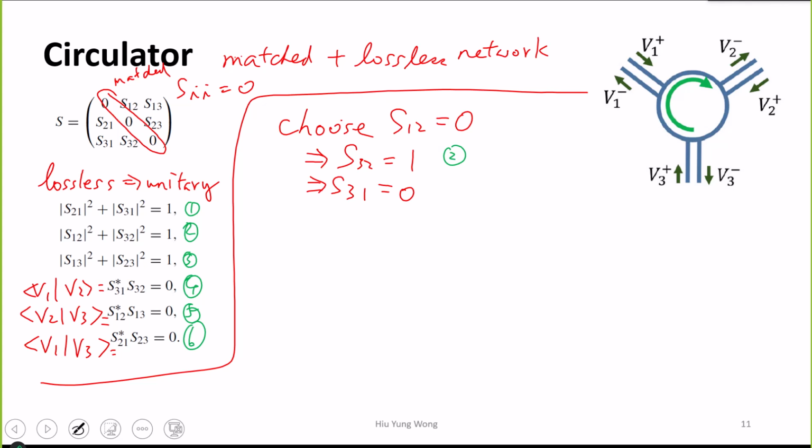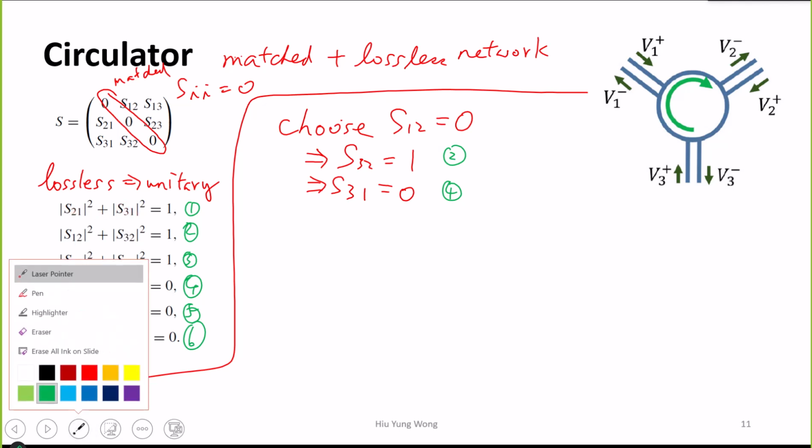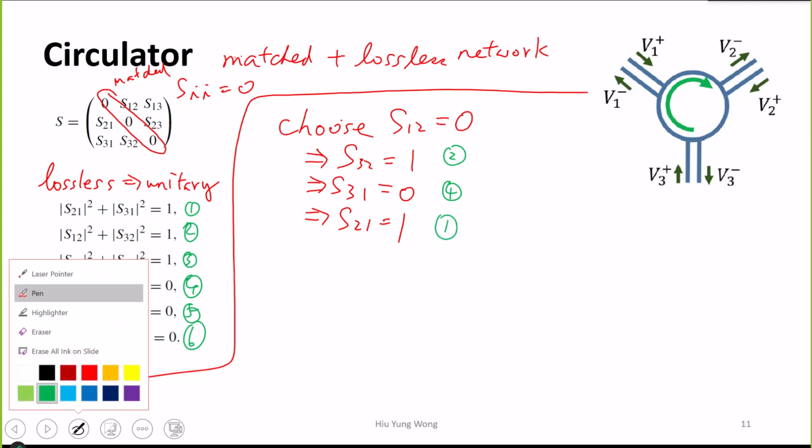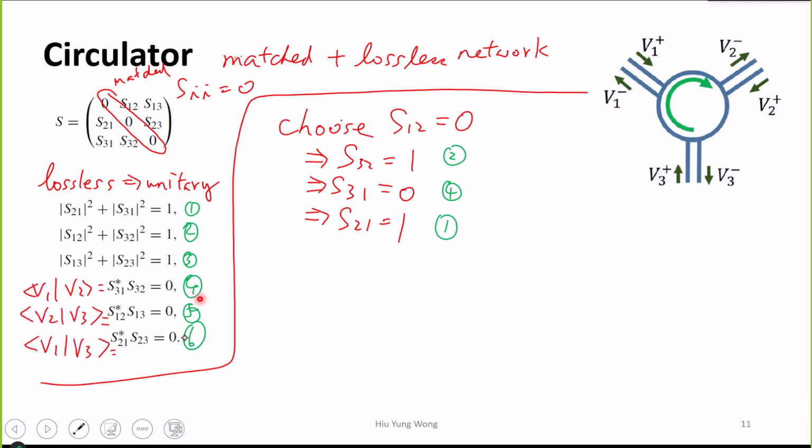And then by equation 4, I get S31 equal to 0. Then when S31 equals 0, S21 is equal to 1, by equation 1. We will keep repeating now. Then with S21 equal to 1, S23 must be 0.